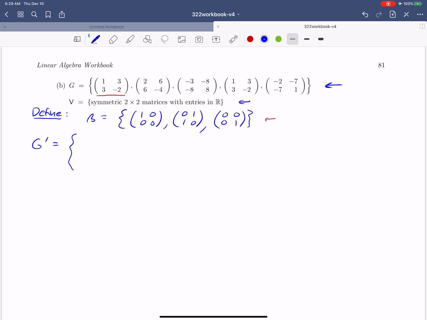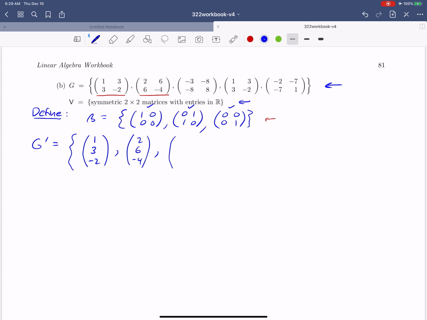We could write it by taking 1 times the first matrix, plus 3 times the second matrix, plus negative 2 times the third matrix. So we get 1, 3, negative 2 for our first coordinate vector. Similarly, the next one is going to look like 2, 6, negative 4. Those are the coefficients on the three matrices in beta that we need to build it.